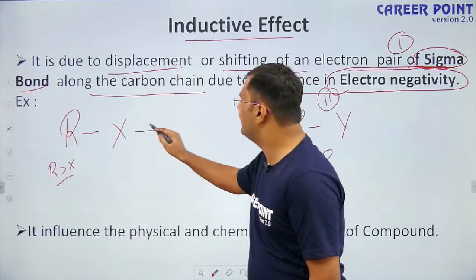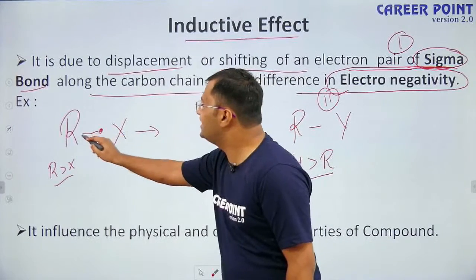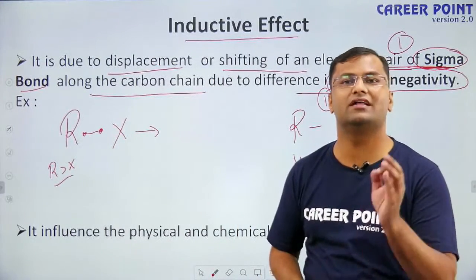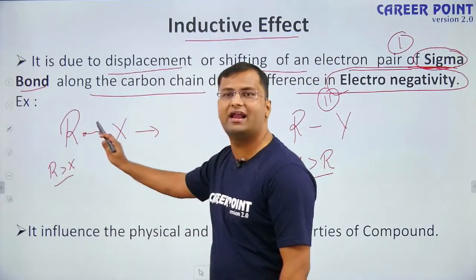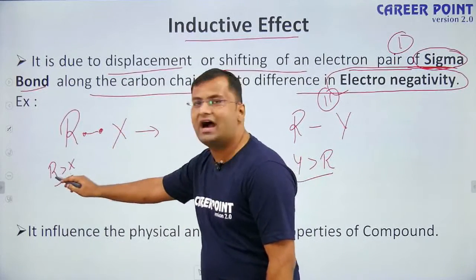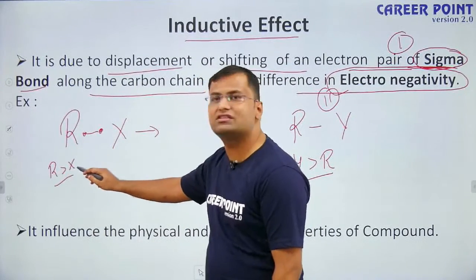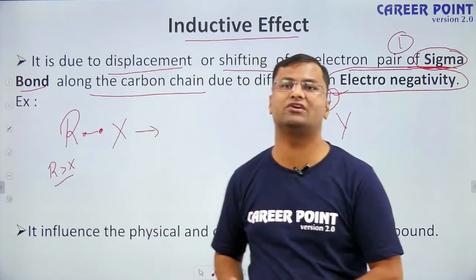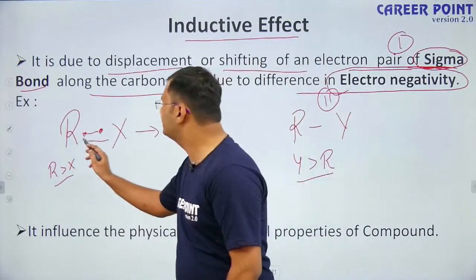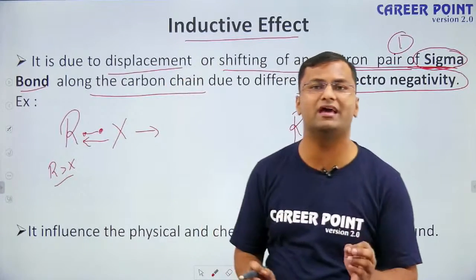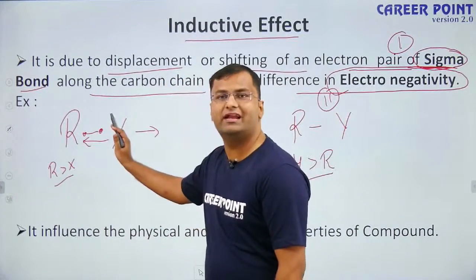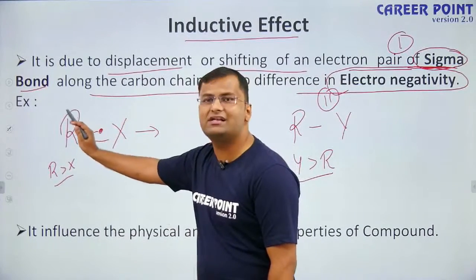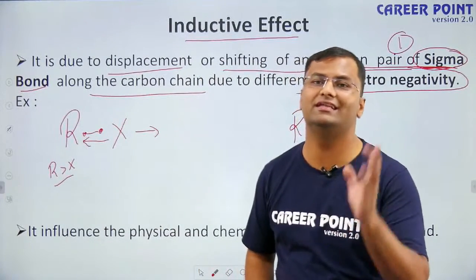Let us take an example. Here are the 2 electrons which are shared by R and X. Now here R is more electronegative, X is less electronegative. So what is going to take place? The shifting of electrons is going to take place from the less electronegative atom to the more electronegative atom, and partial charge will be developed on each atom.